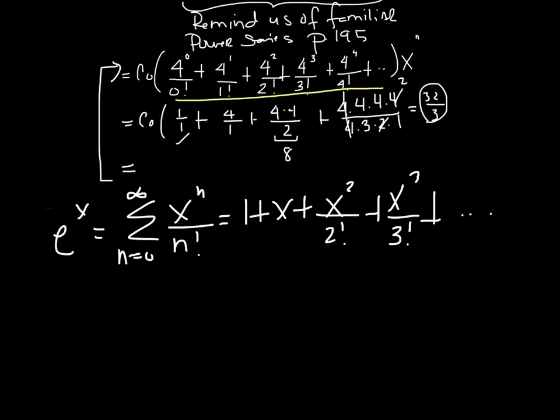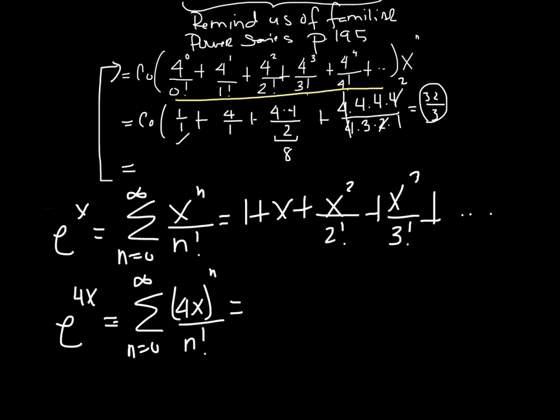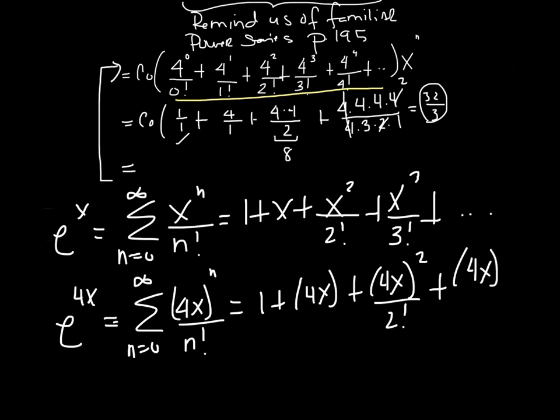This is not exactly e to the x; I have some 4's in here, so it looks like this might be e to the 4x. Instead of x, I can rewrite this as the sum from n equals 0 to infinity of 4x to the n over n factorial, or 1 plus 4x plus 4x squared over 2 factorial plus 4x cubed over 3 factorial, and so forth. Instead of my x's, I have 4x.